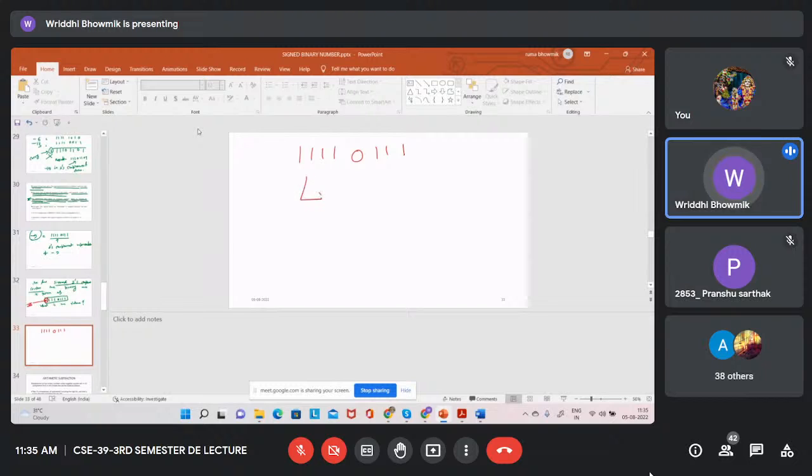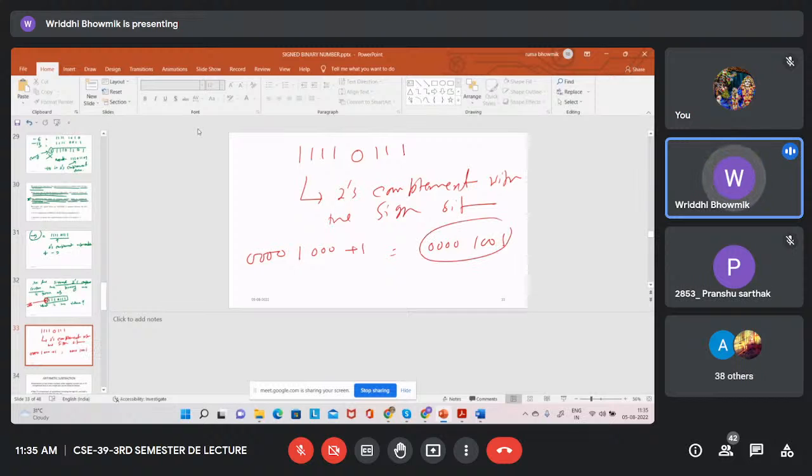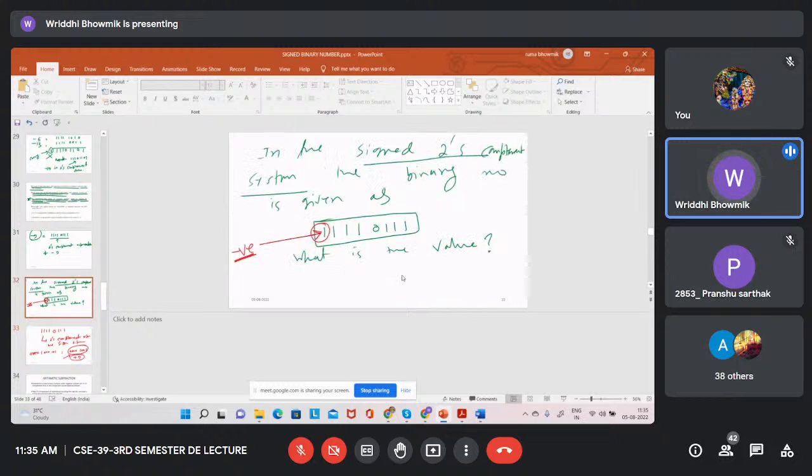So go for twos complement with the sign. So what you have, 0 0 0 0 1 0 0 plus 1. So you have 0 0 0 0 1 0 0 1. So what it gives? This gives you +9. But you see, at the leftmost position you had a 1 which represents the negative sign.